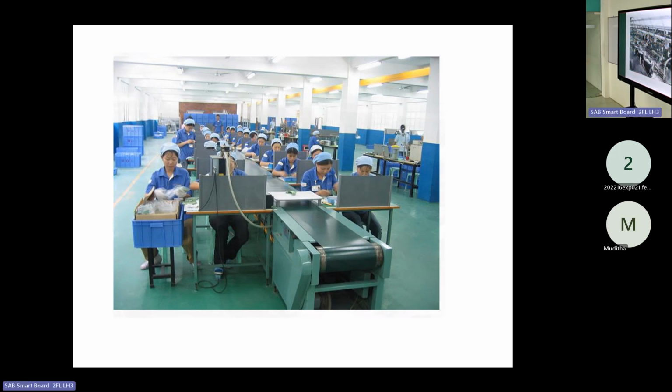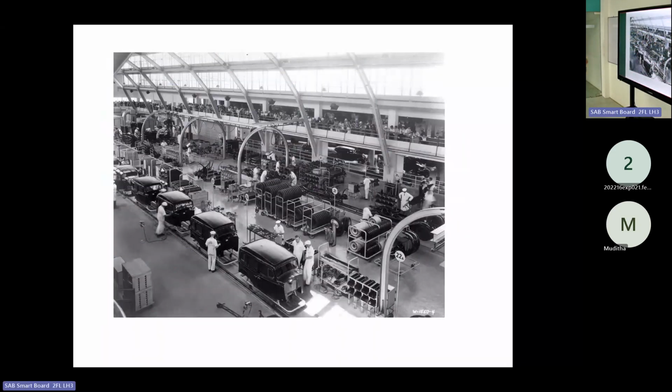And this is the first time they have used it, as I explained to you last time, at Ford, when assembling the Model T car. Where we see some manual work, mostly at each workstation.